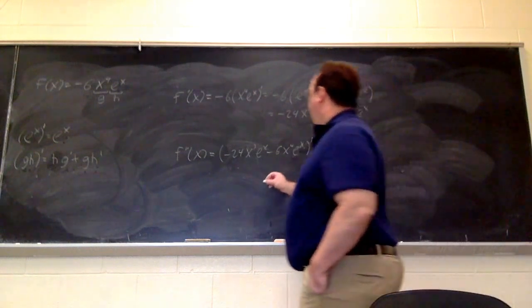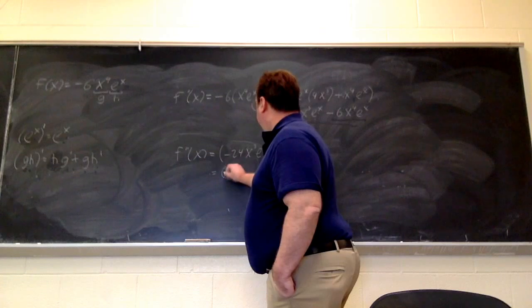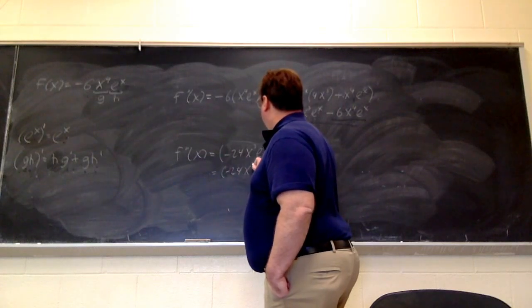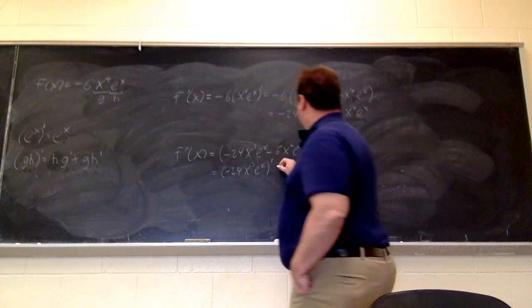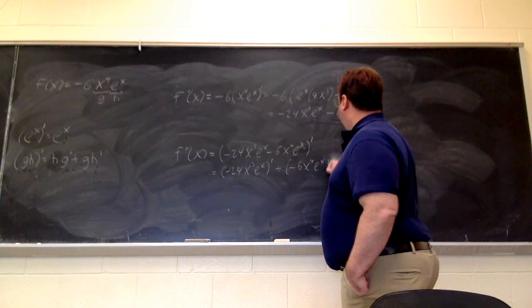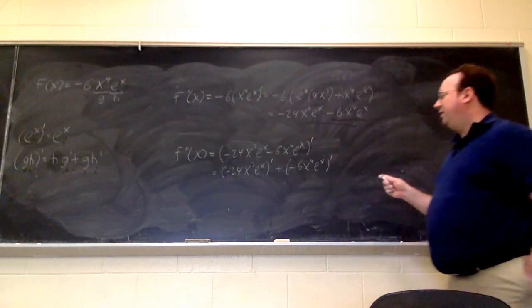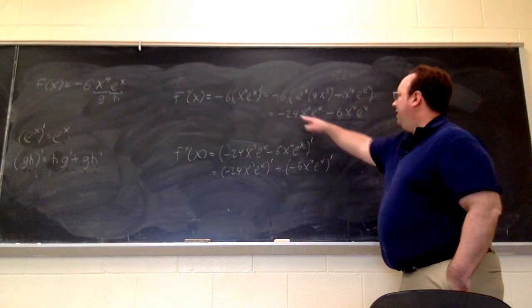Because I have two terms here, I can take the derivative of each individually. So I have minus 24 x cubed e to the x prime, and then plus minus 6 x to the fourth e to the x prime. The reason I'm writing it this way is I've just taken the derivative of this. It's right here.